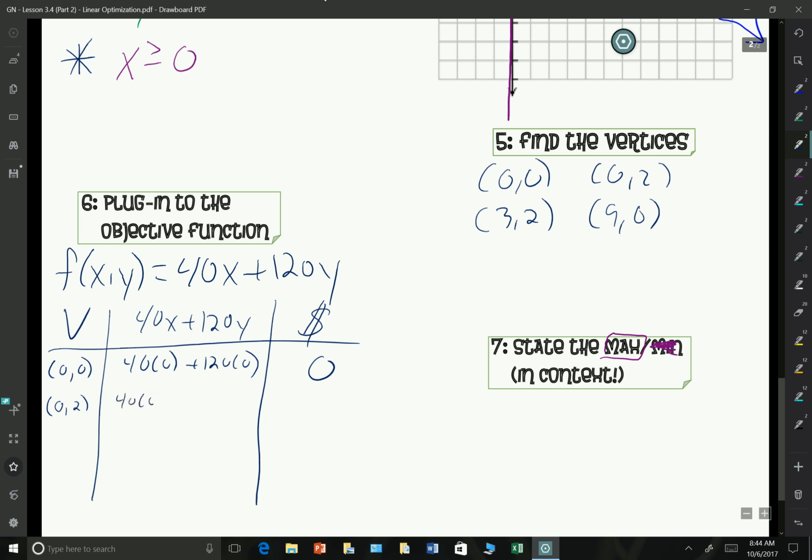So 40 times 0, 120 times 2, they should make $240, shouldn't they? I have 3, 2. They mow 3 jobs. They prune 2 jobs. They should make $360. What if they mow 9 and don't prune any? They make $360.